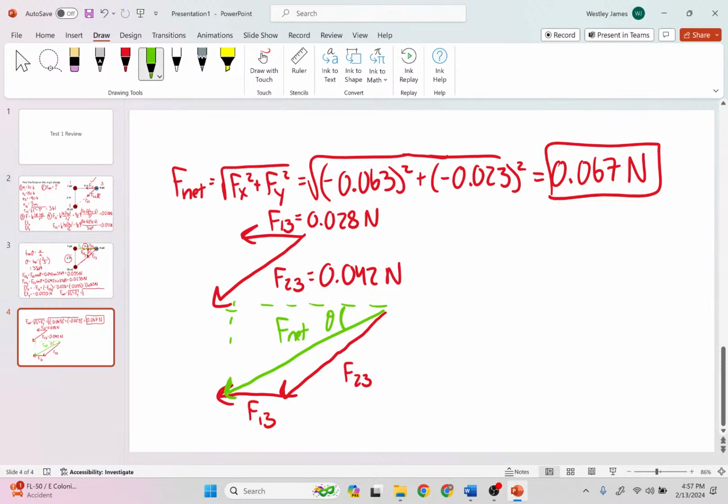The last step is to find the direction. How do you define direction? By an angle. How many degrees is it above or below various axes? How do you find that? We got a triangle, y'all.